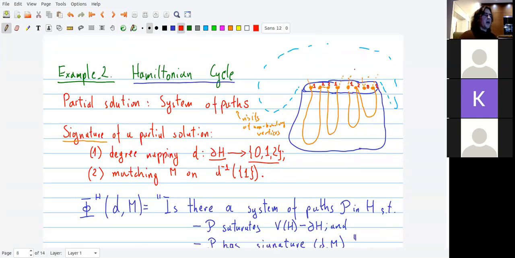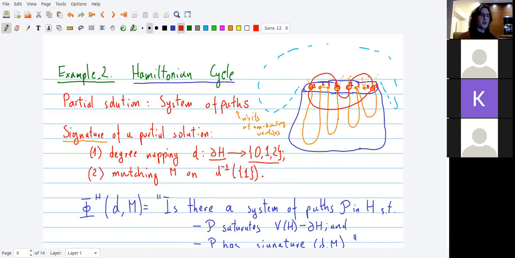And second, when I look at the degree 1 vertices, I need to understand how they actually connect through paths. Because extending a solution that connects like on the picture may be different than extending a solution that, for instance, joins this one to this one and this one to this one. Because at the end of the day, I would like to find one cycle and not many cycles.